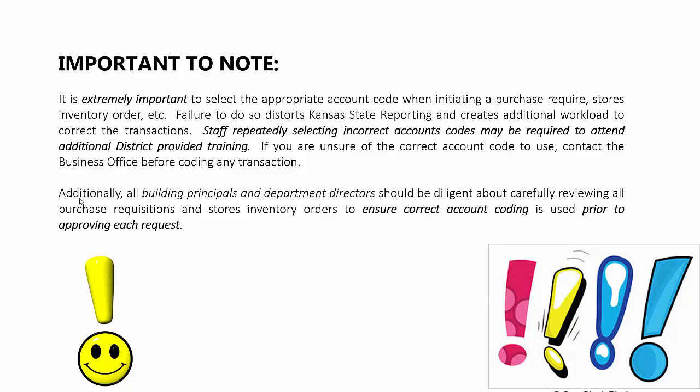If you are unsure of the correct account code to use, contact the business office before coding any transaction. Additionally, all building principals and department directors should be diligent about carefully reviewing purchase requisitions and store inventory orders to ensure the correct account coding is used prior to approving each request.